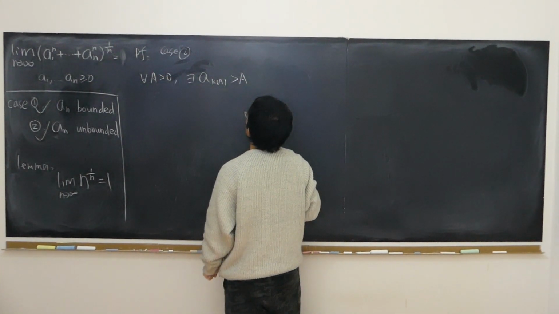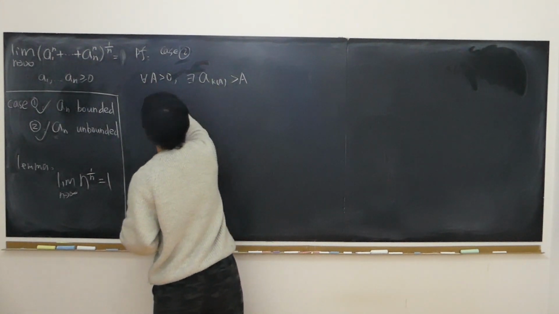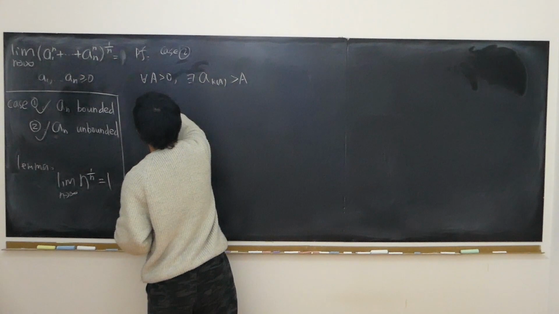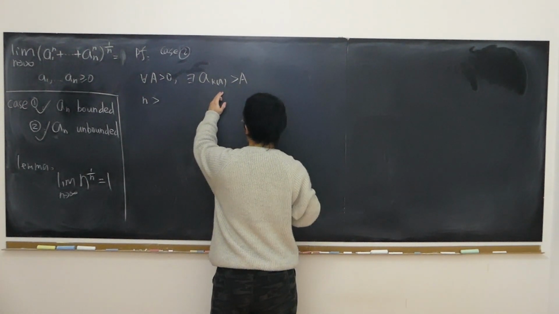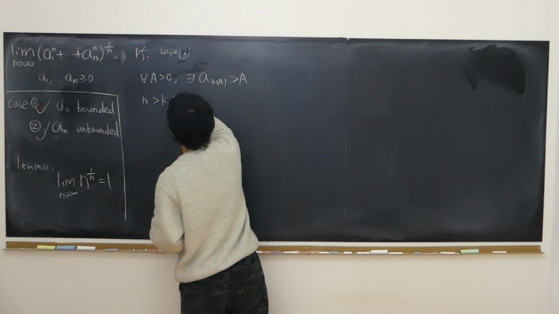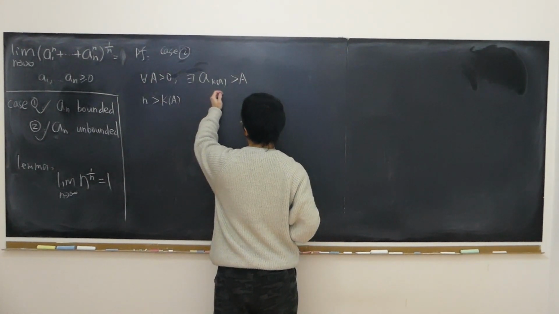So, again, like the previous method, we will let little n be large enough, larger than the k sub capital A that we just found.